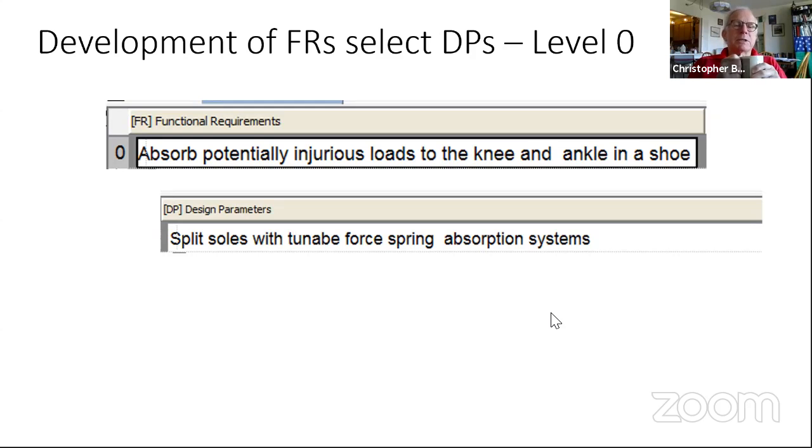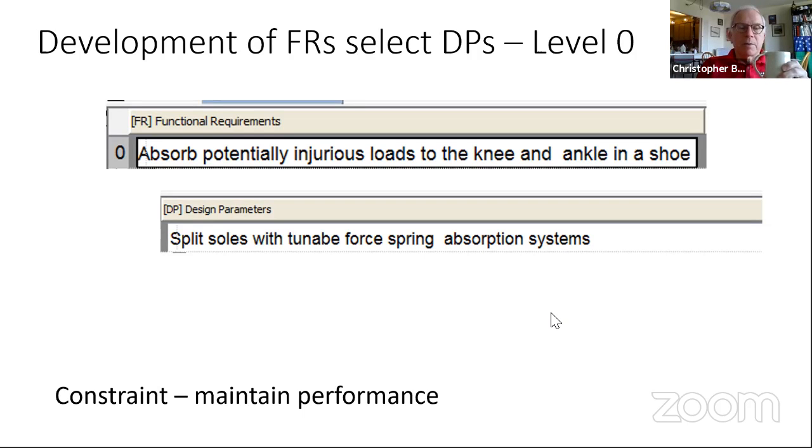And so, split soles with a tunable spring for force absorption. Let's see how we do this. On our first prototypes, we actually just took a bandsaw and cut off the bottom of the sole. An important constraint: maintain performance. You could come up with a very safe shoe, but if you're not going to make the team, who cares?